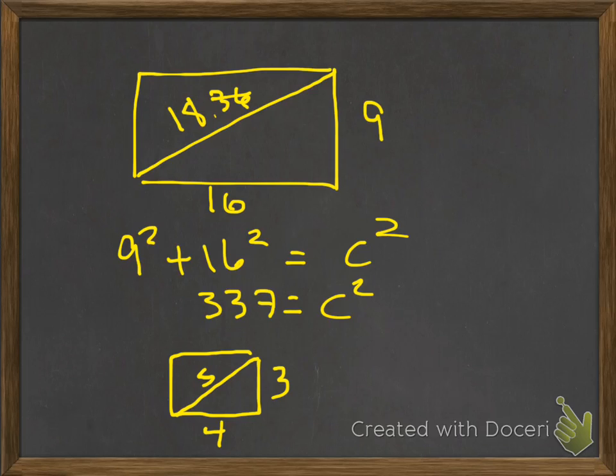A 3 by 4 TV, or 4 by 3, would have a diagonal of 5. So keep in mind that I'm saying that the diagonal, the width, and the height on a 16 by 9 TV, the diagonal is 18 inches.